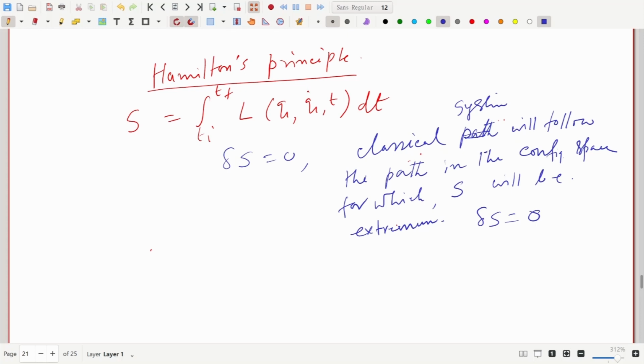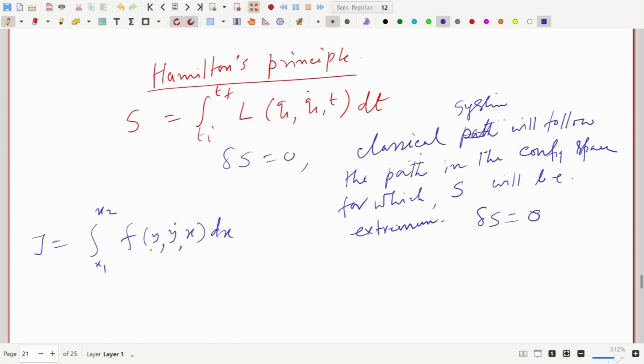Now if you look at the analogy with the extremization of the functional we obtained earlier, we extremized between the points x1 to x2 the function f of y, y dot and x, dx.